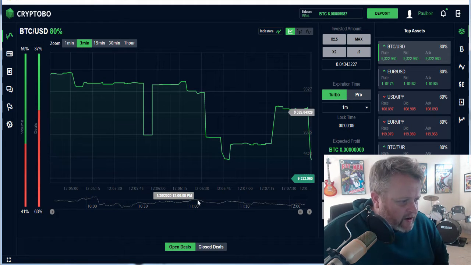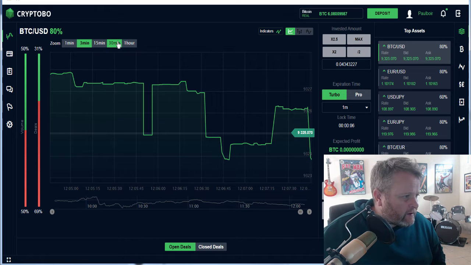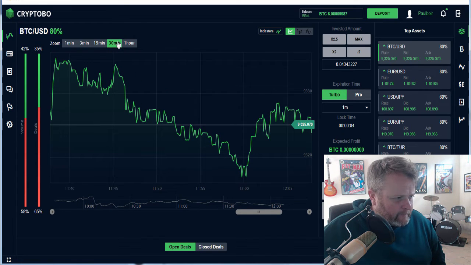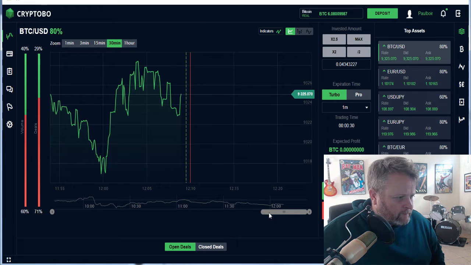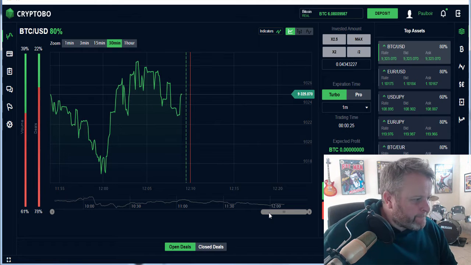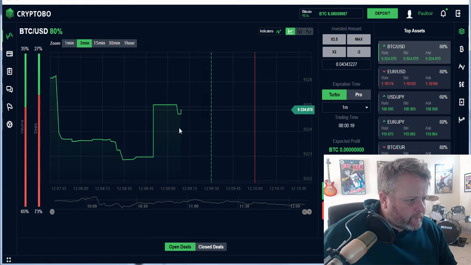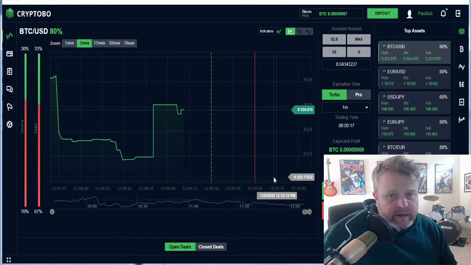Has it taken the turn and it's on its way back down? That's the only tricky bit, is working out when it takes the turn back.